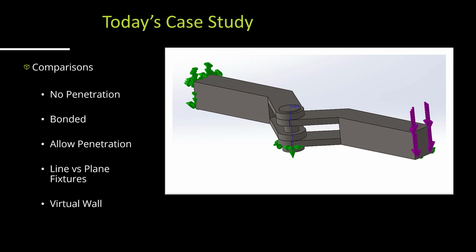So if you're fixing, as we did in the cardan joint, the entire assembly was attached to a wall that we just created within SOLIDWORKS, just a basic plane, and we'll be able to compare how that works to a fixture of just a fixed geometry face versus specifying how rigid or how flexible we make this wall, right?